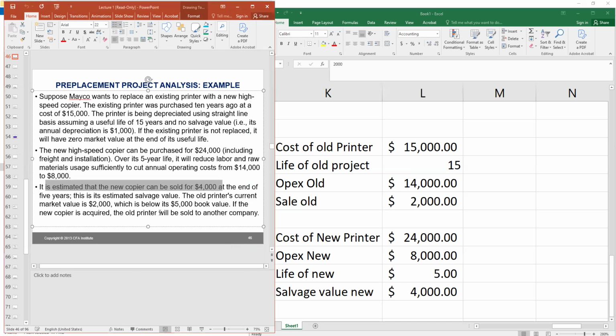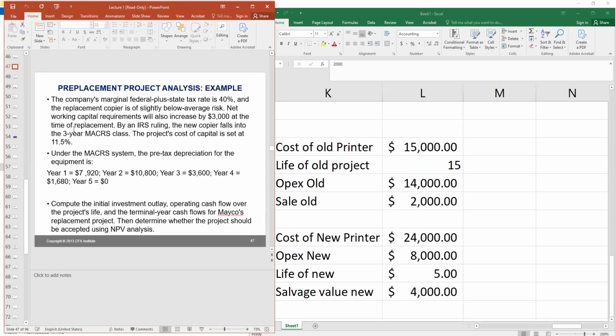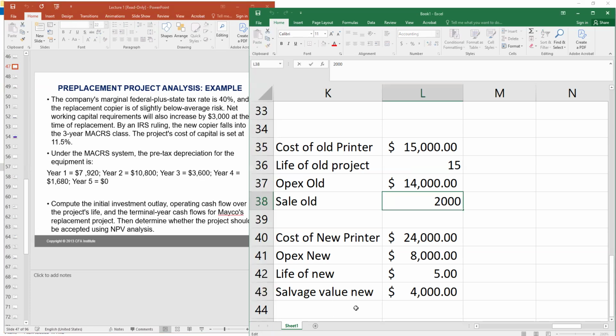Okay, that's what you should take into account. If the new copier is acquired, the old printer will be sold to another company. That's the condition. So we'll sell it. And the company's marginal federal tax rate is 40%. So I put the tax here too. Tax is 40%.